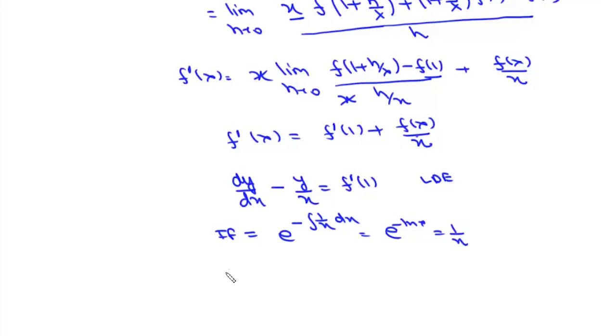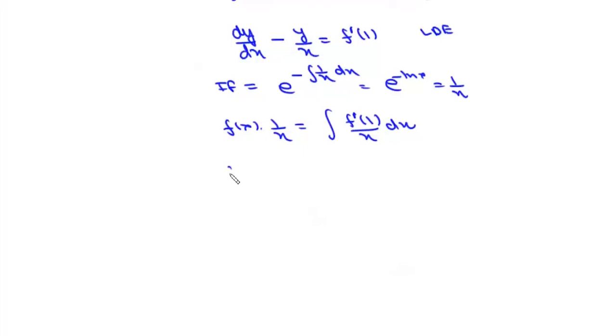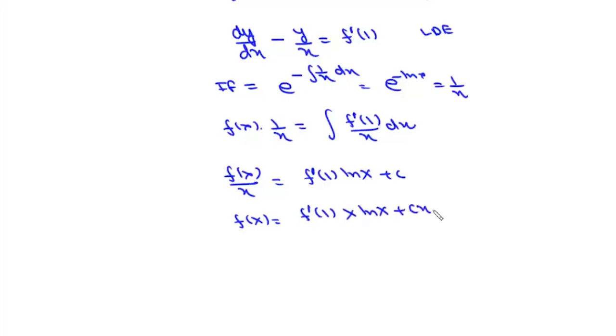So we'll get y, which is f(x), into 1 by x, equals the integral of f dash 1 by x into dx. Now this is f(x) upon x, and it is f dash 1 ln x plus c, or we can write f(x) equals f dash 1 into x log x plus cx.